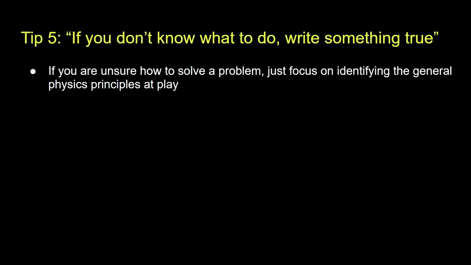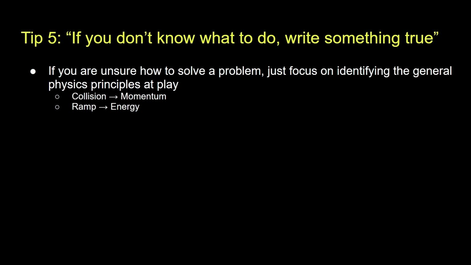This is probably the best tip if you're just trying to get partial credit and you're totally stuck. If you don't know what to do, just write something that's true. It's pretty common that if you know what you're doing in the class overall and you're stumped on a specific problem, you can probably at least identify what topic it is. Is it a collision problem? Then momentum's probably involved.